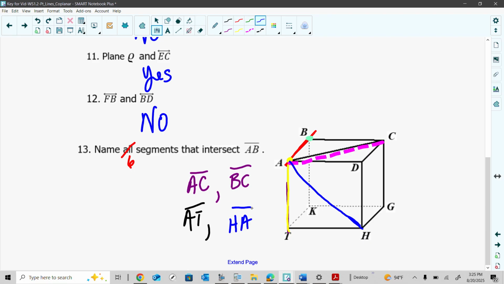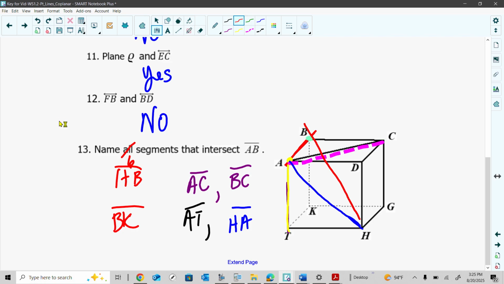Or I can see maybe a segment from H going to B like that. HB, sorry, I'm running out of room. And then I could also pick BK or GB. So the answers can vary here.